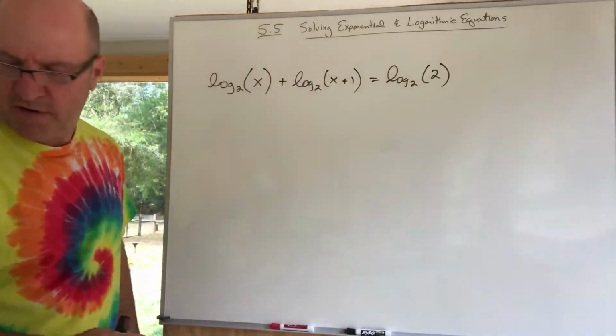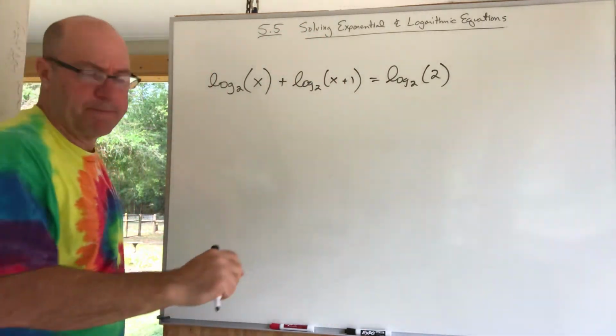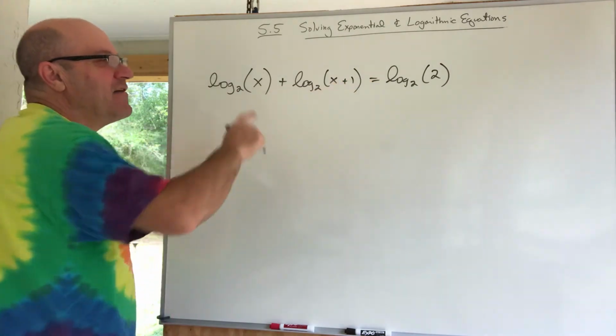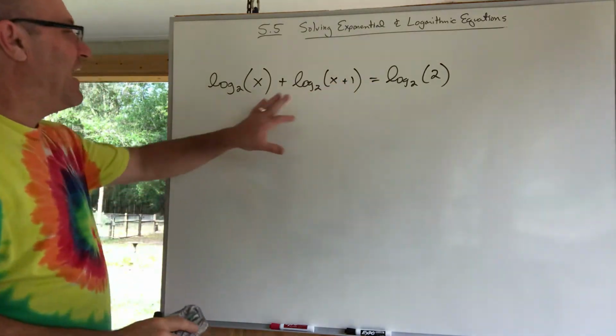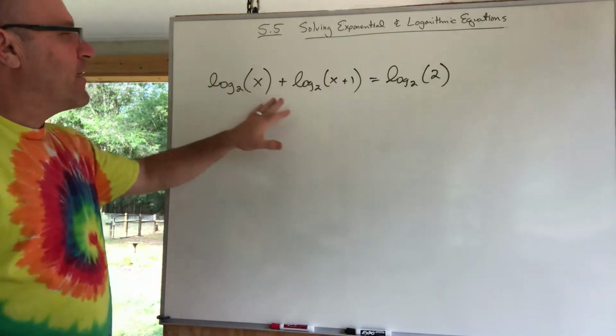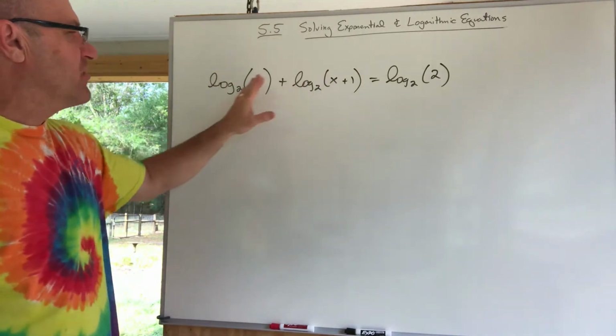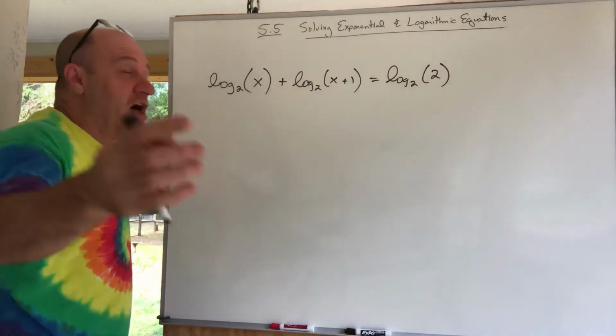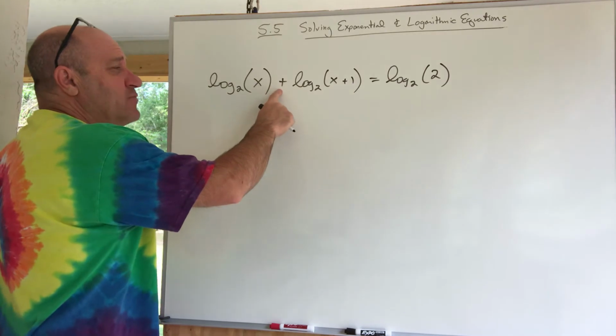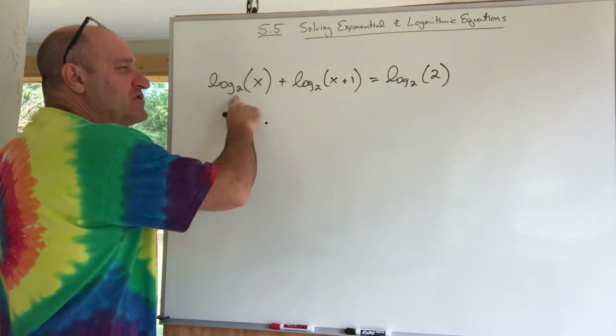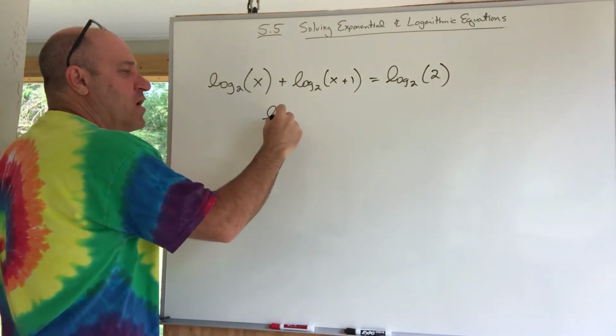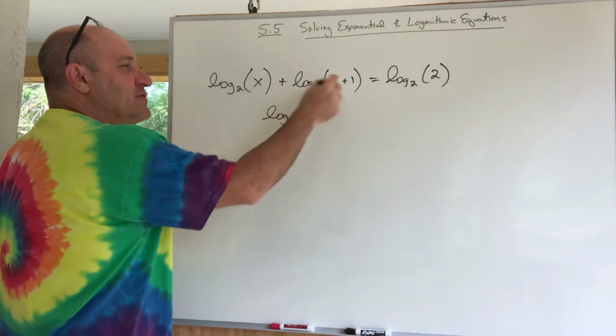Yeah, this is tough. So what I really want to do is get these logs together. Well, there's a property of logarithms that says when you have 2 logs added together, you can write it as 1 log of these 2 things multiplied.